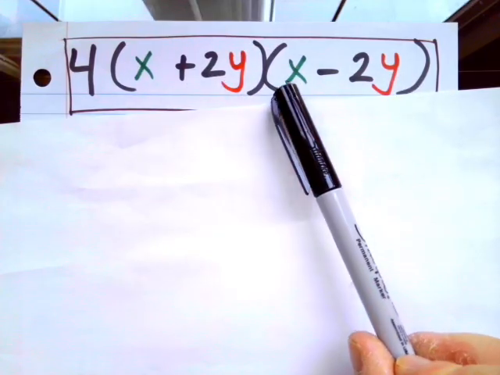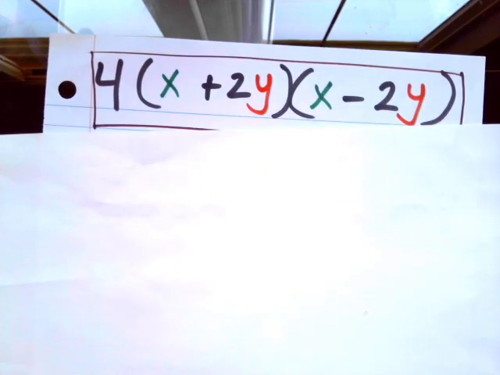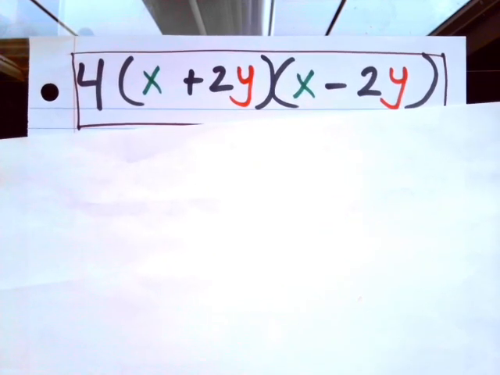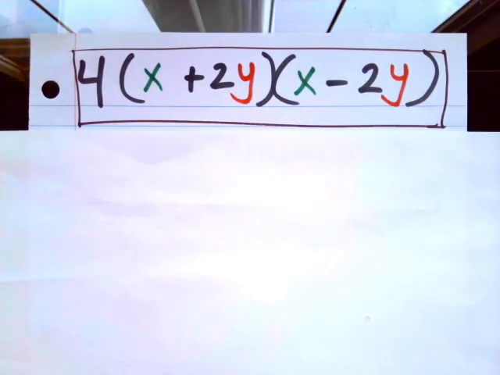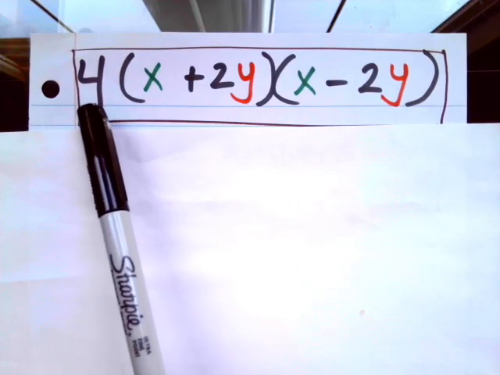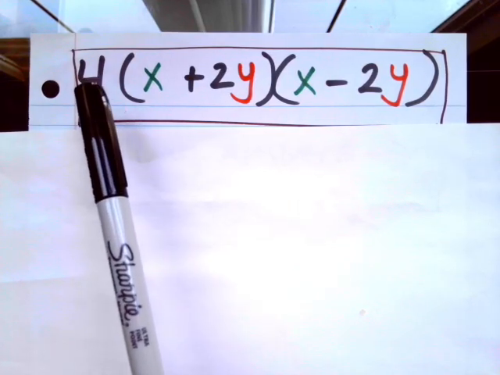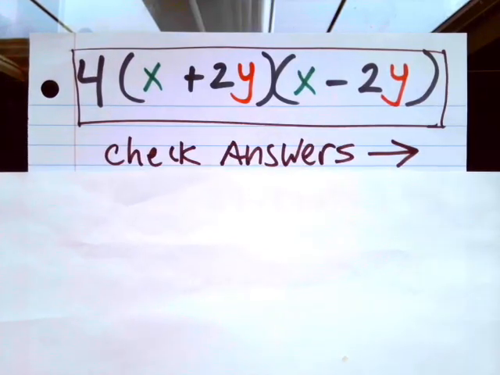X times x gives me x squared. So x squared plus a -4y squared is what you had seen on the previous page. And of course, what did I factor out? The greatest common factor of 4 earlier in those two terms. So that 4 has to stay with us. This is going to be your answer.